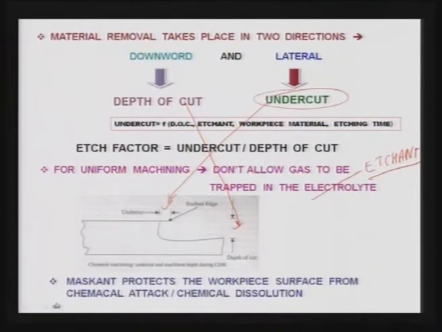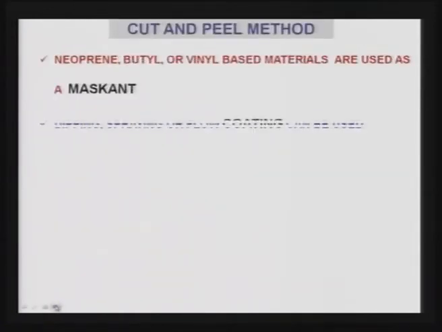So, maskant protects the workpiece surface from chemical attack or chemical dissolution. In the cut and peel method, neoprene, butyl or vinyl based materials are used as maskant. As I have already mentioned, the maskant should be such that it does not react with the agent, and also it should not react with the workpiece material.